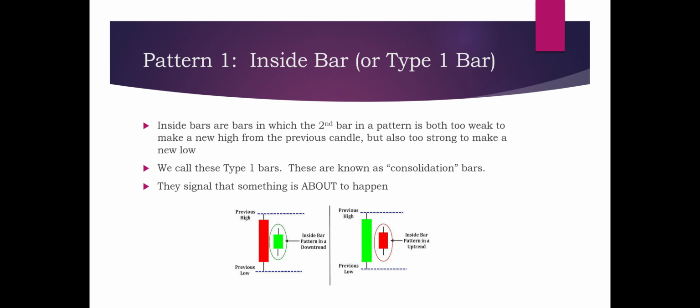All right, so here's the deal with a type 1 bar. The second bar in a chart is too weak to make a new high, but it's also too strong to make a new low, right? Whenever you see an inside or a type 1 bar, the universal truth here is that the stock in question is consolidating. You can use whatever time frame you like for this setup, but you're most often going to be wanting to key in on the daily and then mixing it with a different time frame.